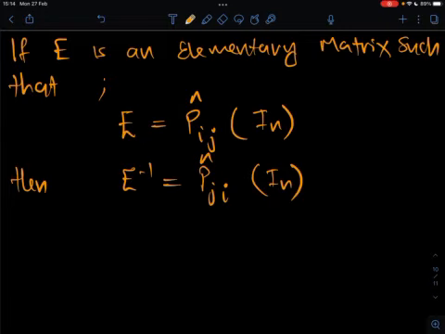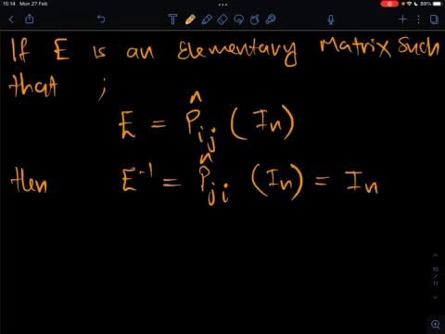One thing you are going to observe all the time when dealing with this kind of transformation is that E inverse will always turn out to be In.